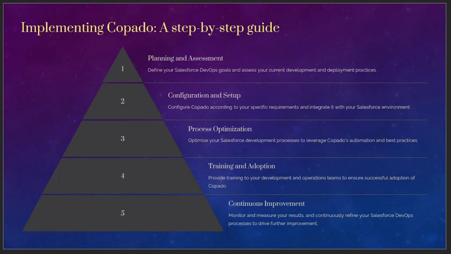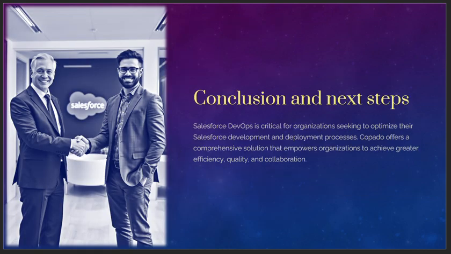And then coming to the conclusion. All right, so let's wrap this up. Salesforce DevOps is a must-have if you want to deploy updates faster, reduce errors before they happen, improve team collaboration, and keep everything secure and compliant.